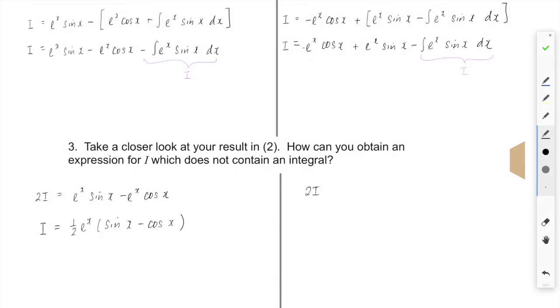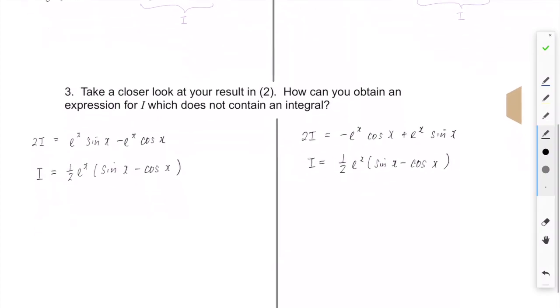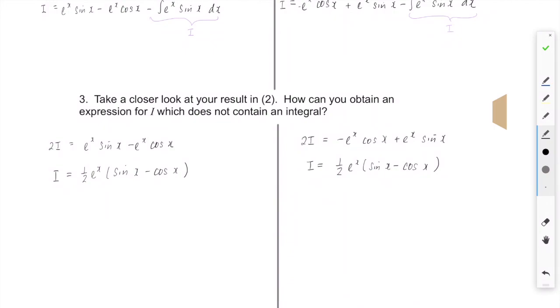And then here I basically have the same thing. Let me write this out. Plus e to the x sine x, and then I is 1 over 2 e to the x, and then sine x minus cos x. And then after we do all that, don't forget what we must do: we're missing the constant of integration, right?